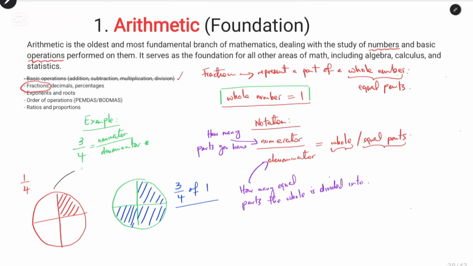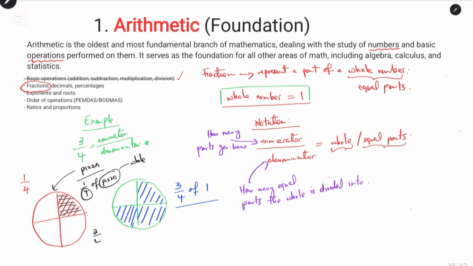Imagine you went to a store and you want to buy a pizza. A pizza looks similar to this, and if you want to buy 1/4 of the pizza, this pizza represents the whole, and it is divided into 4 parts. If you want to buy 1/4, they will give you only this portion.